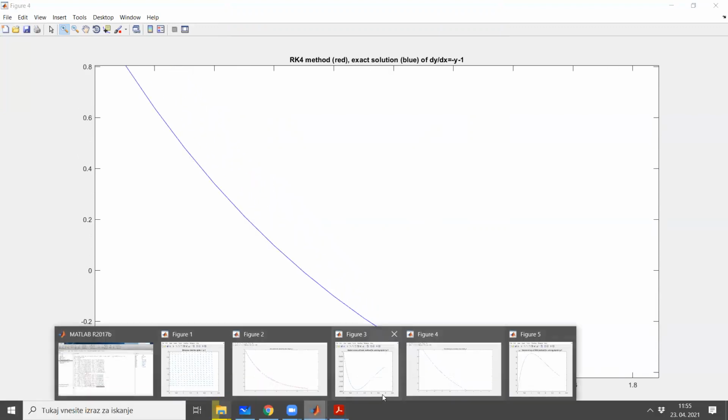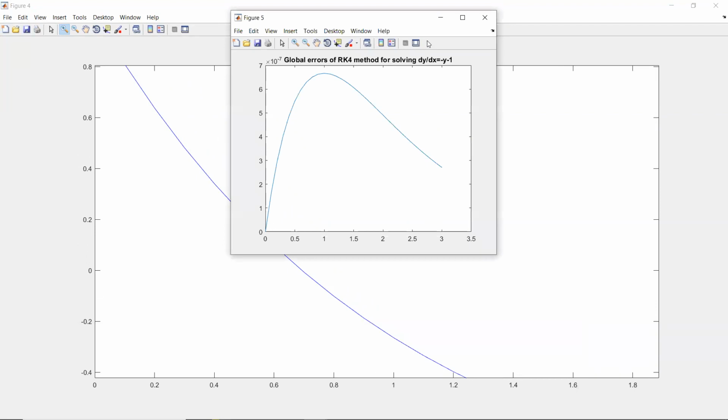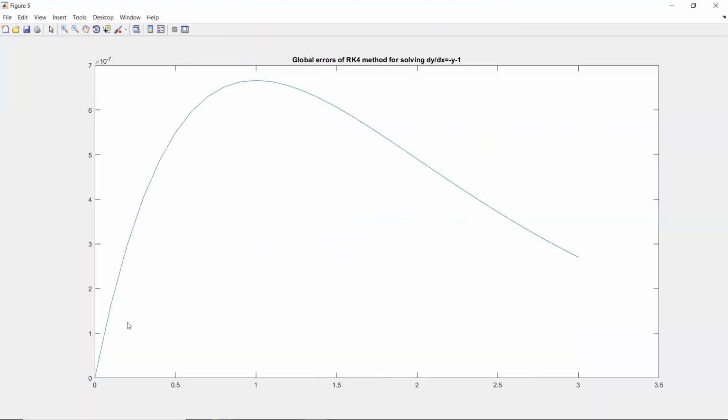But if we look at the graph of the error, we see that it's 10 to the power of -7. That's why we can see the difference between the solution using Runge-Kutta method and the actual solution. So global error is of size 10 to the power of -7 all the time.